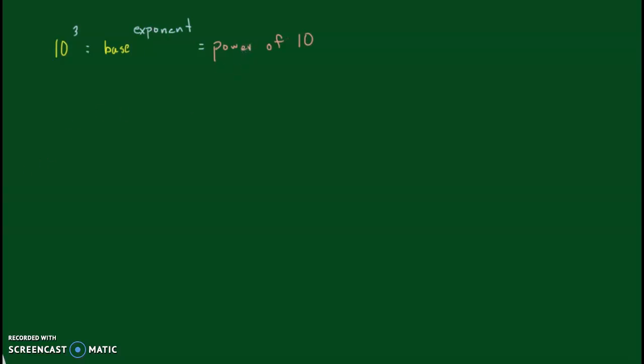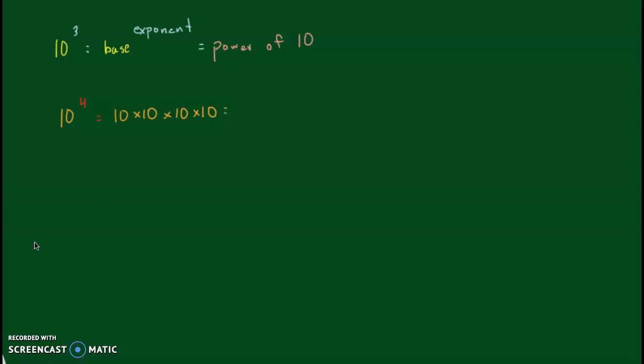Let's do a couple examples. The first example that I'm going to start with is 10 to the fourth power. So 10 to the fourth power is the same thing as doing 10 times 10 times 10 times 10. Notice we have four tens multiplied together based on the exponent of 4.